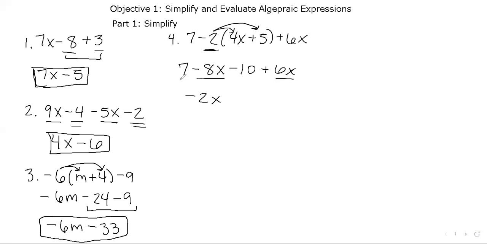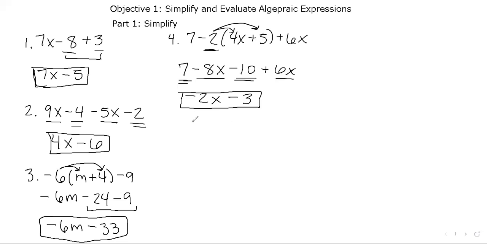And the 7 and the negative 10, we're going to combine those to get negative 3. So the answer to number 4 is negative 2x minus 3.